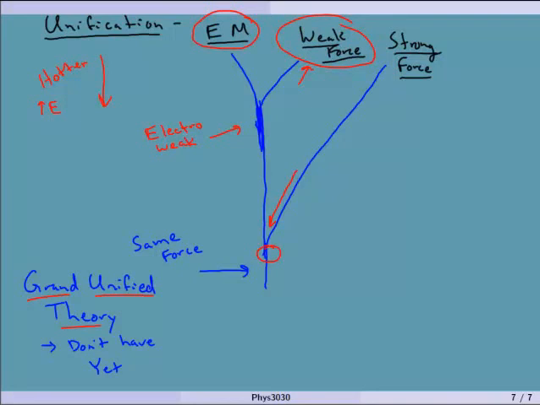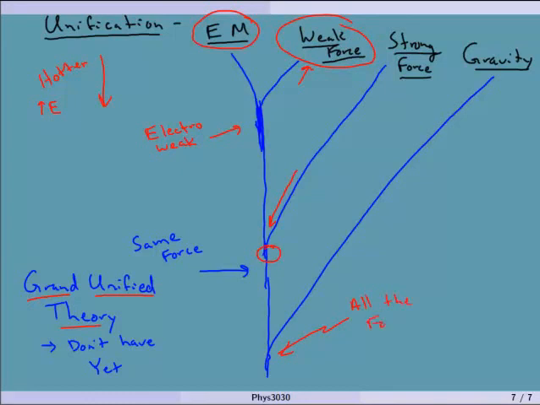So we assume that there is a grand unified theory. And of course, if I go back far enough in time, way back to the beginning of the universe, there's an idea that there should be some theory that covers all the forces. This is called a TOE, a theory of everything, which means a theory of all of the forces in one place.